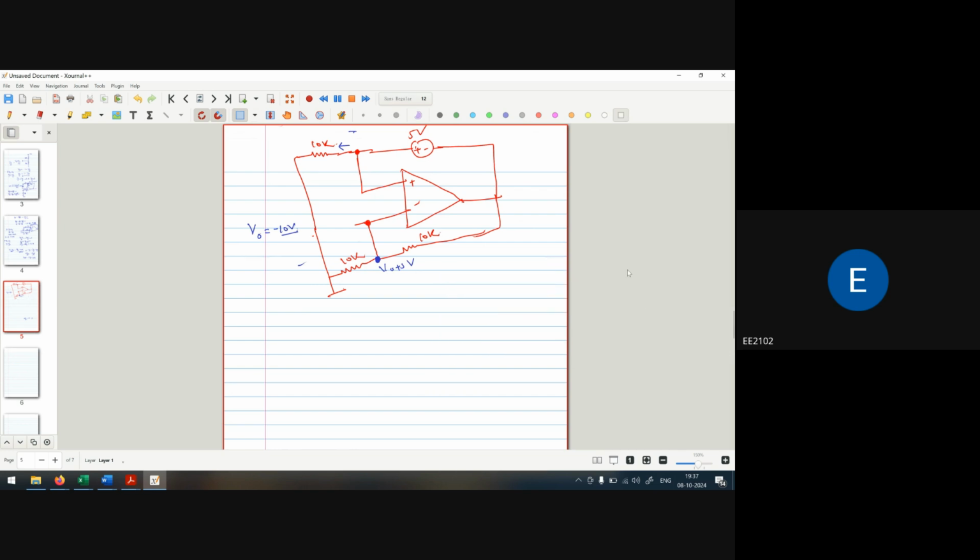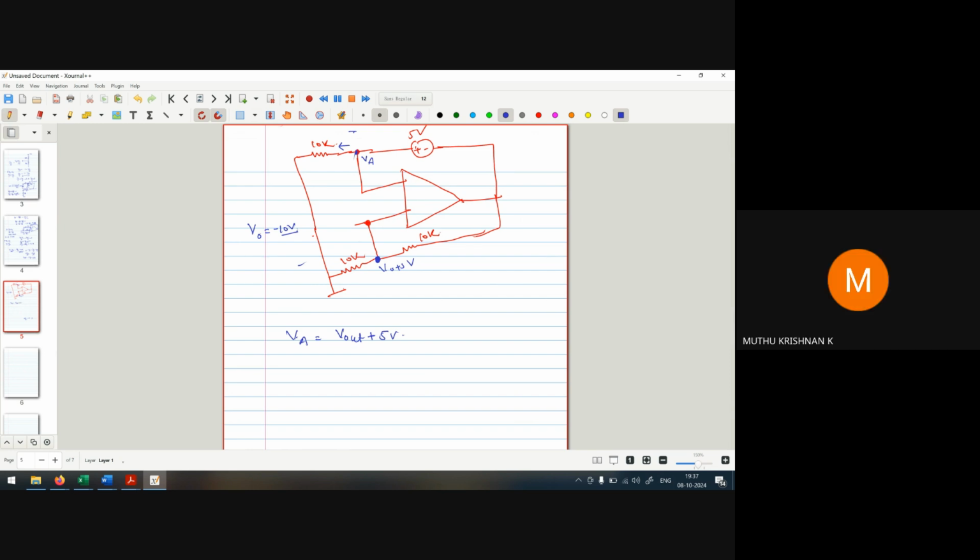Okay, so first thing is that we have to identify which particular amplifier it is, inverting or non-inverting. That means at what point the voltage is connected. So initially, if I consider the voltage at this point as the VA point, VA is nothing but V out plus 5 volt.